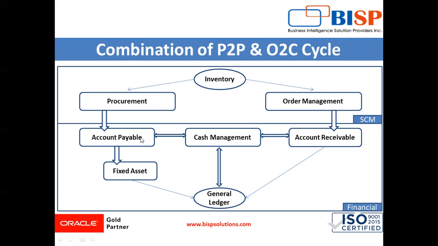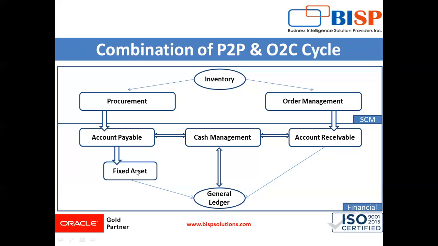And if the purchase invoice information is related to an asset purchase, then the accounts payable application passes the information to the fixed assets application. Based on that asset related information, they will create the fixed asset and calculate the depreciation.